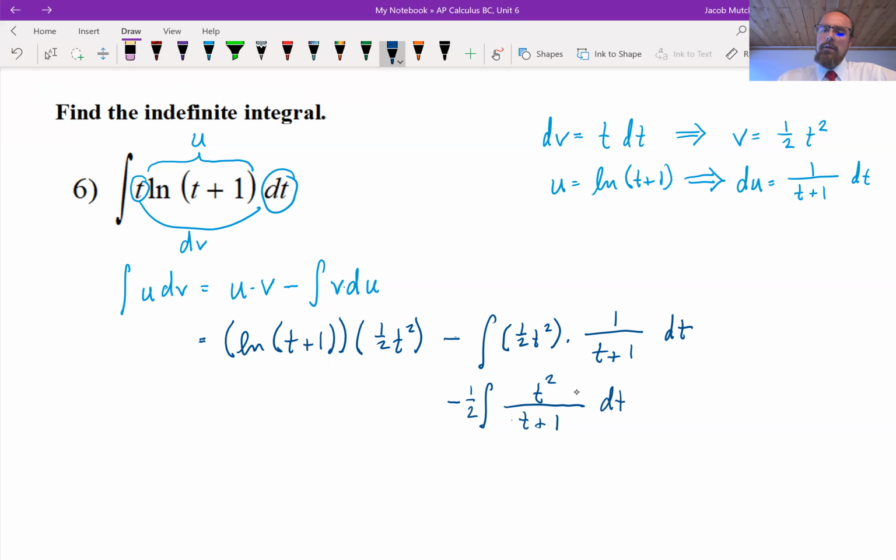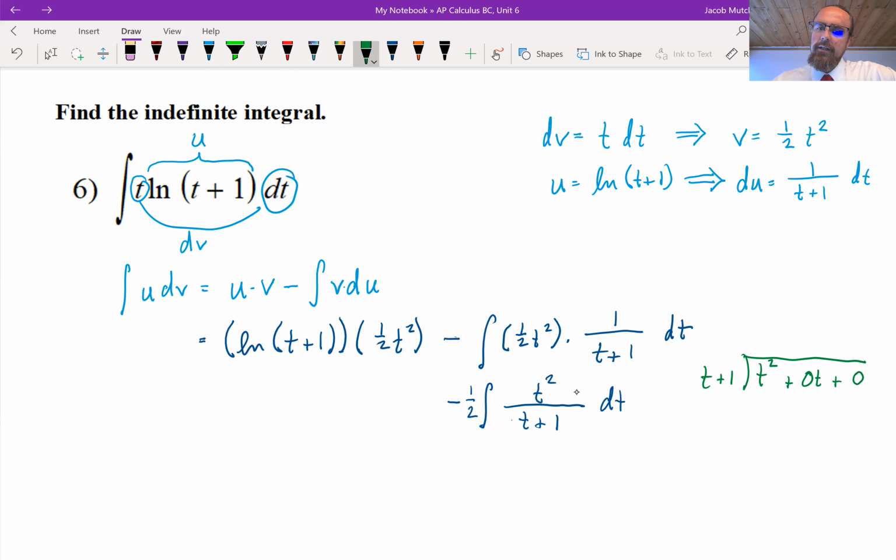So over on the side, again, this is just an algebraic strategy to simplify the integration. I'm going to take and divide t squared by t plus 1. So I'll do polynomial long division here. I need a placeholder for the linear term, so plus 0t, and a placeholder for the constant, so there's another 0.